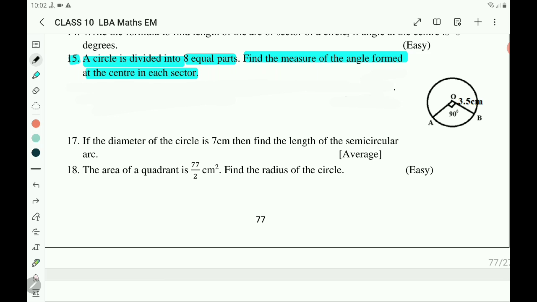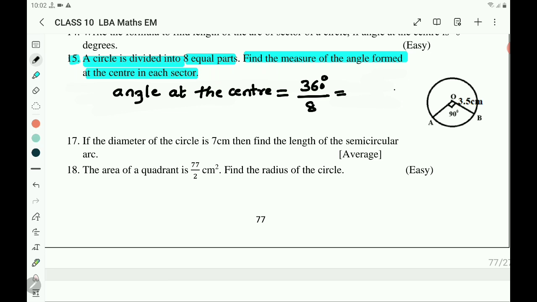So angle at the center equals 360 degree by 8.